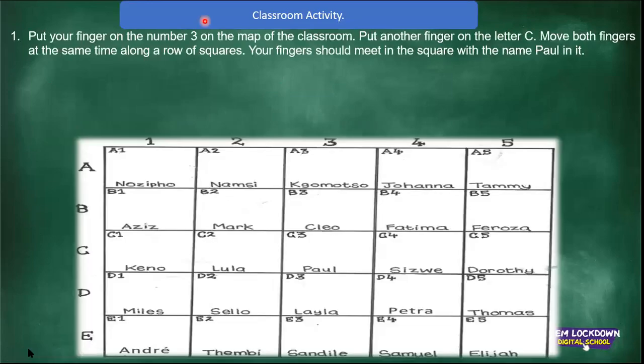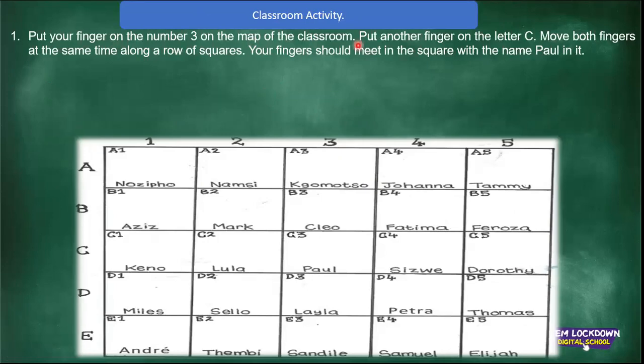Let's do a class activity to see if you guys are following. Number 1, I want you guys to put your finger on number 3. Here is number 3 on the map for the classroom.